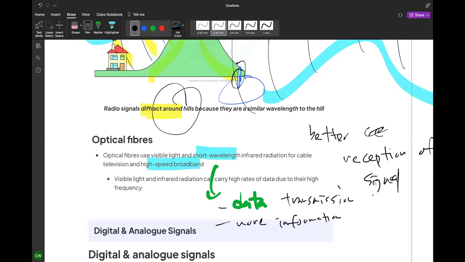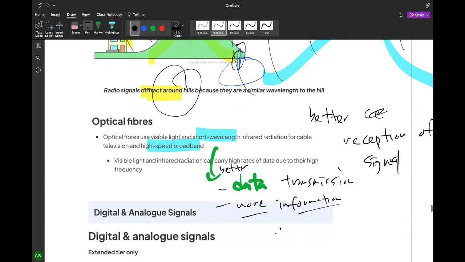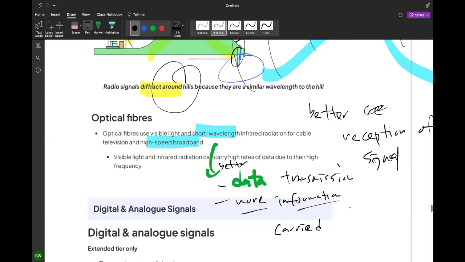Okay, high frequency, short wavelength, better data transmission rate, more information carried. It's all about data now, information.